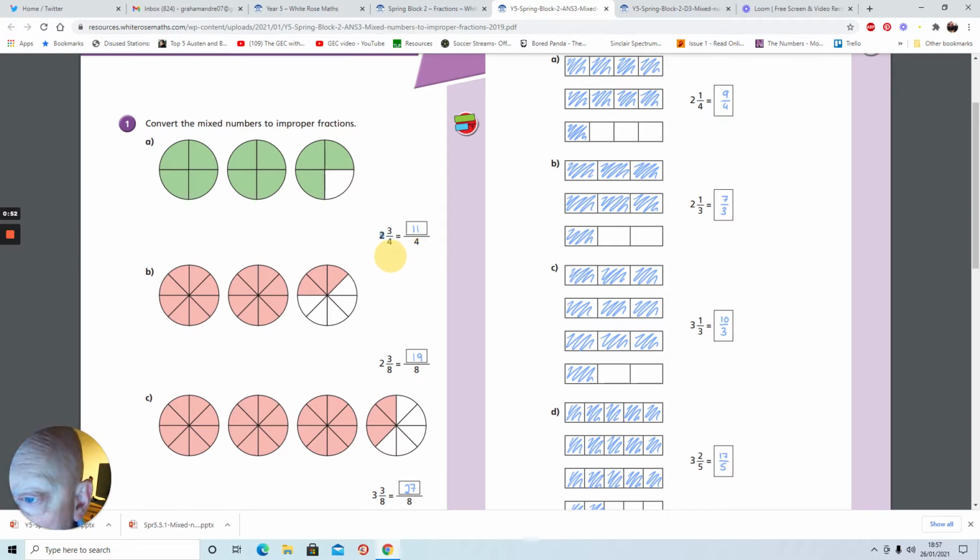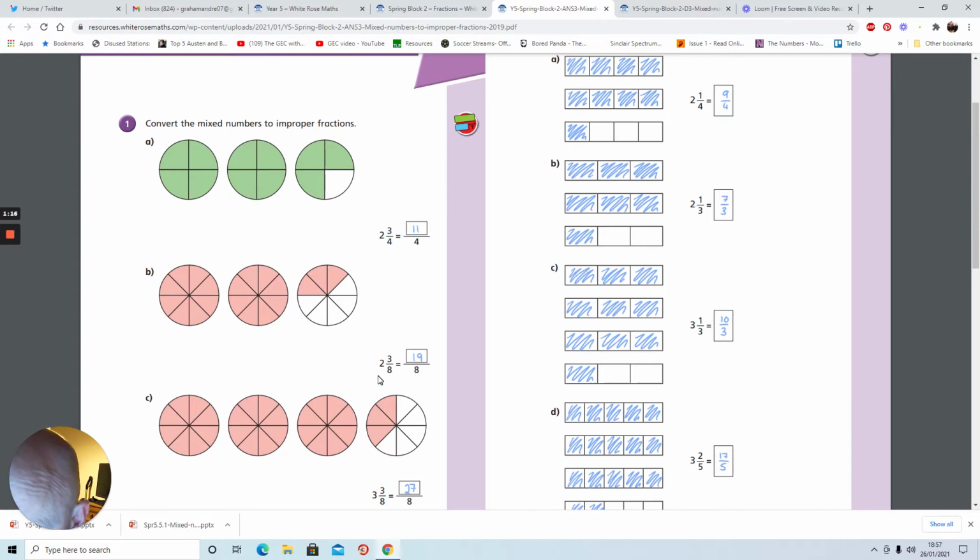So the denominator is 4. Then all we need to do is count the shaded area. So we've got 1, 2, 3, 4, 5, 6, 7, 8, 9, 10, 11. So the answer is 11 quarters. So 2 3/4 equals 11 quarters. Okay, we move on to the next one.